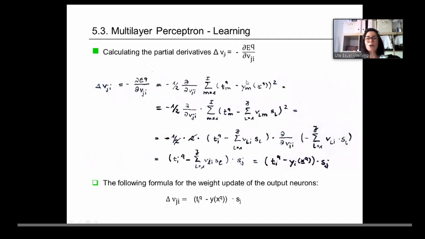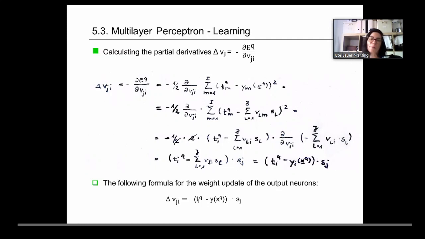I substituted here the ym just by the way we calculated it. The output of the neuron m is calculated by the weight vector of the neuron m, right? So we have the sum over all the weights connecting this neuron to the neurons in the hidden layer. We're starting from l equals 1 to J, which is the dimension of the hidden layer, and we are multiplying the weight times the output of the hidden neuron.